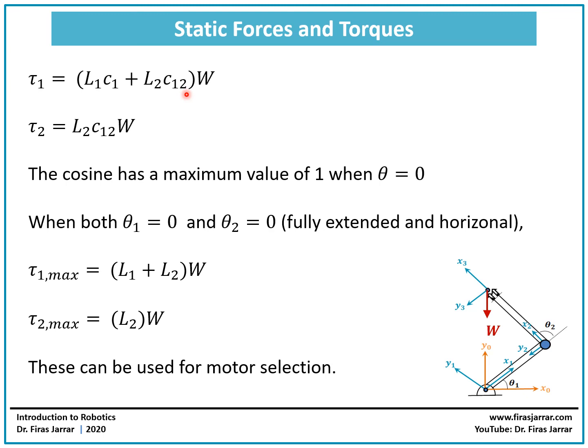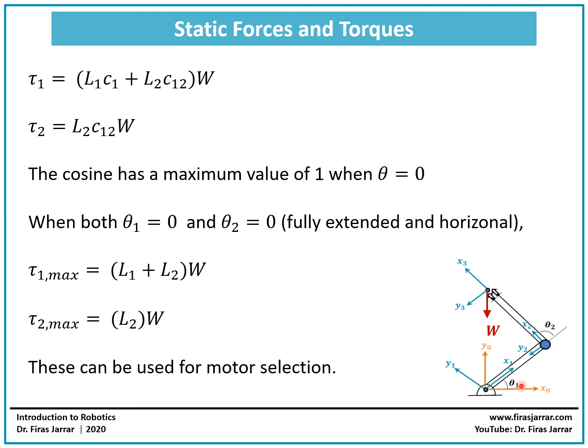The cosine is going to be equal to 1 when the argument or the angle is equal to 0. So this corresponds to the case where we have theta 1 equal to 0 and theta 2 equal to 0.